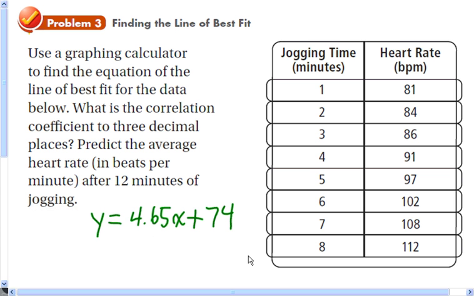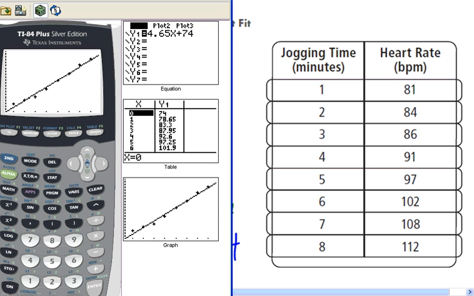It says predict the heart rate in beats per minute after 12 minutes of jogging. So what I want to do is 4.65 times 12 plus 74. And I can just use my calculator to do that. 4.65, go to my calculating screen, 4.65 times 12 plus 74, enter.